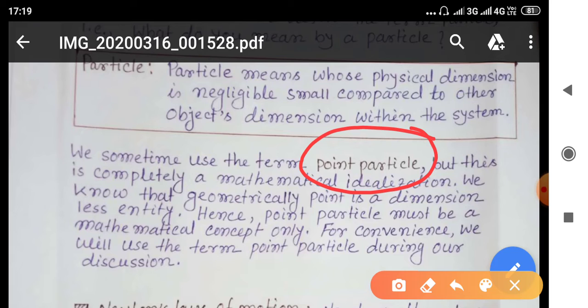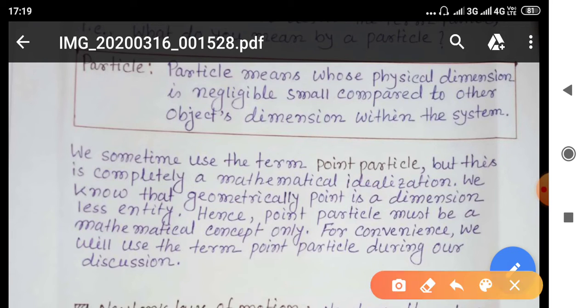It is completely a mathematical idealization, because we know the definition of a point is that it is a dimensionless entity. So when we consider the point particle, it should not have any dimension. So it is completely a mathematical concept, but for convenience in physics we will use the term point particle.